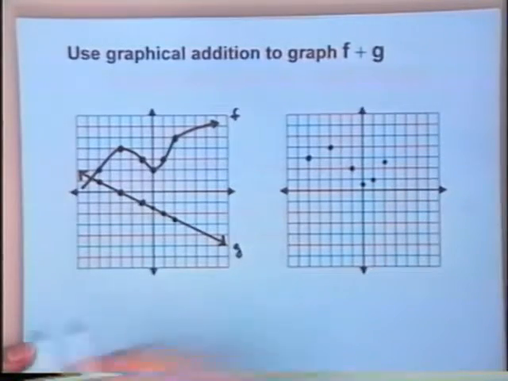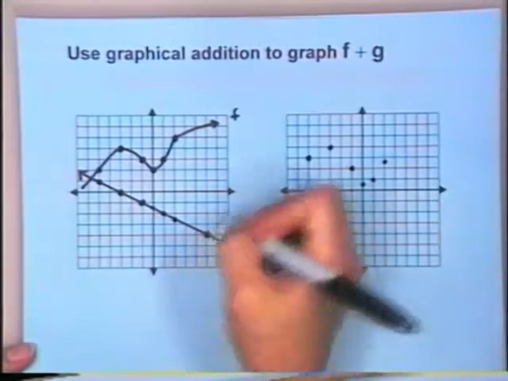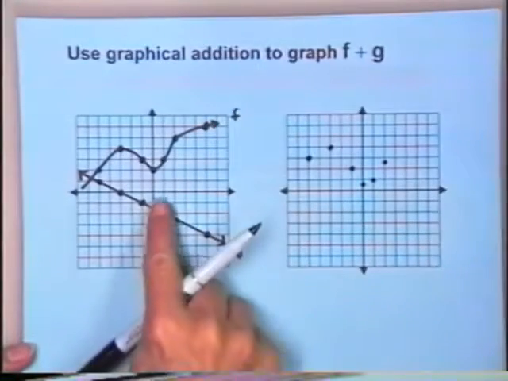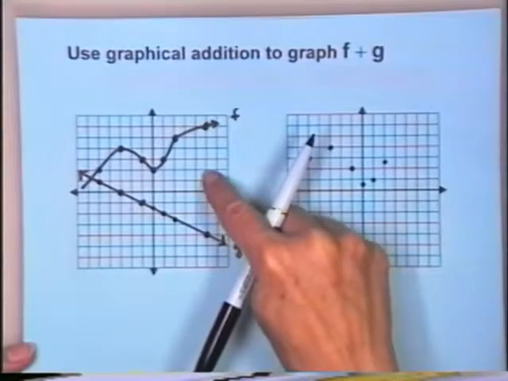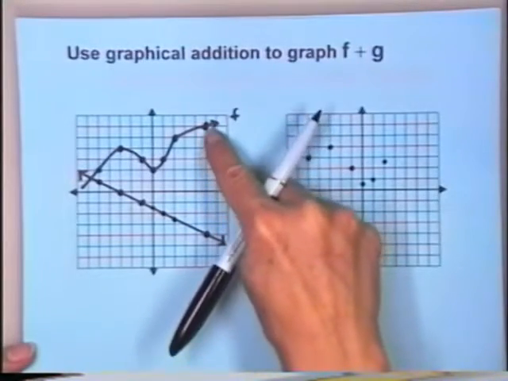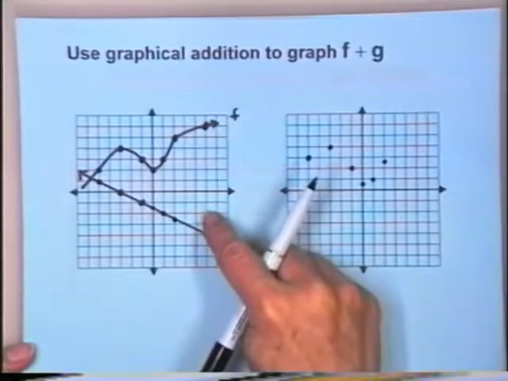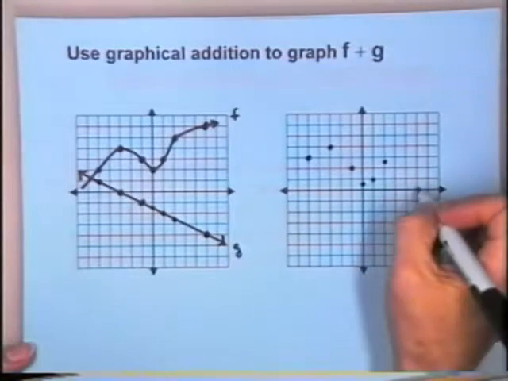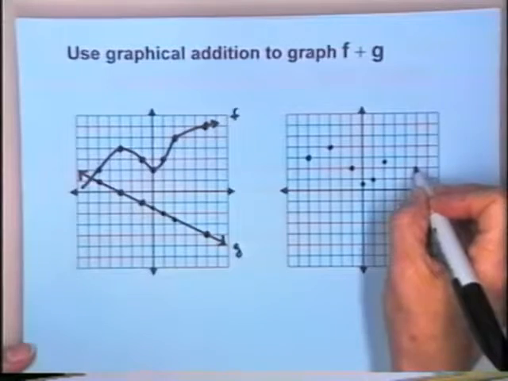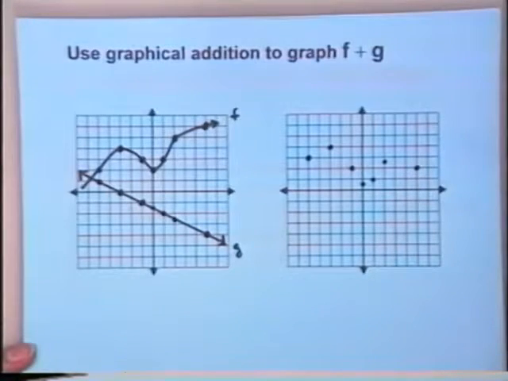Okay? Let's see. It looks like I can pick up these exact values here. 1, 2, 3, 4. That's at x equals +5. 1, 2, 3, 4, 5, 6, and minus 1, 2, 3, 4. So 6 and a -4 added together gives me a 2. So at x equals 5, I have a 2.